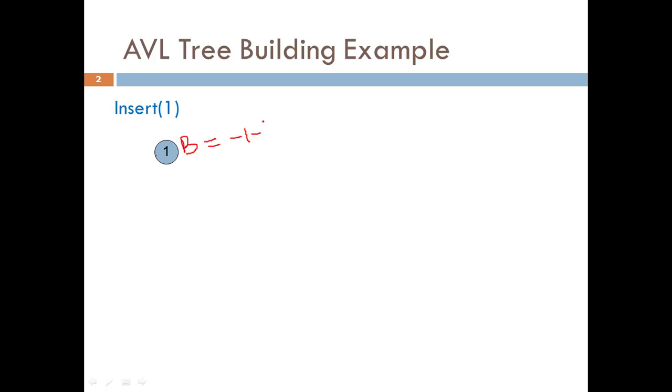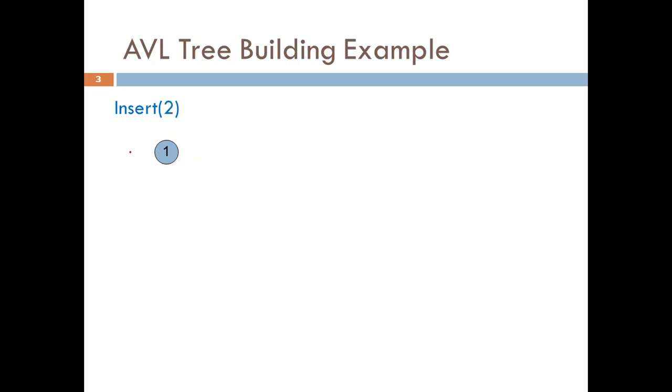So minus 1 minus the height of the right subtree, which is also minus 1. So it is minus 1 plus 1, which is 0. This means it is already in the balanced form.